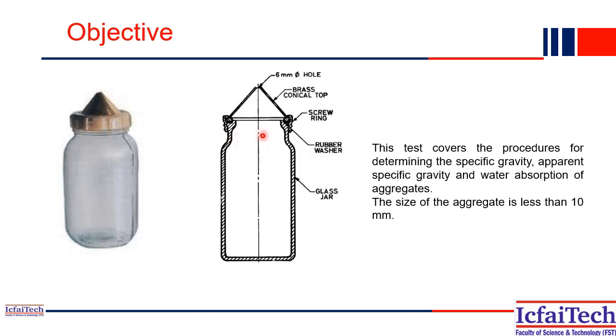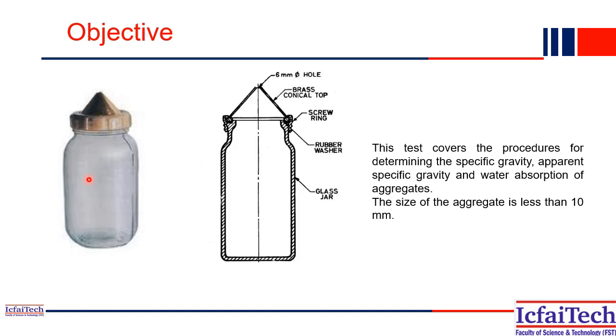This is the actual setup of the pycnometer. Using the pycnometer we can test aggregate of size less than 10 mm. If the aggregate size is more than 10 mm, then we can't use this method and have to use some other method.